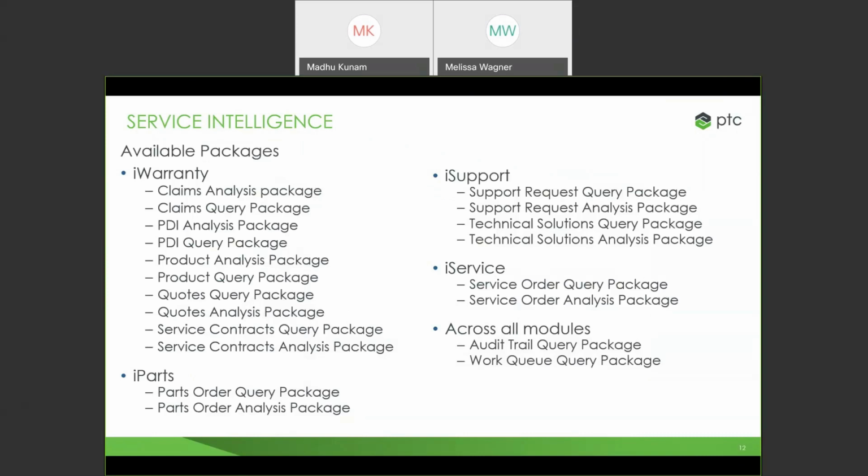We also have technical solution. If you are maintaining the knowledge base within the ticketing system, you can have a technical solution query package and an analysis package. And iService is for the service order query as well as analysis package. Across all modules, you have the audit trail package as well as the WorkQueue query package.